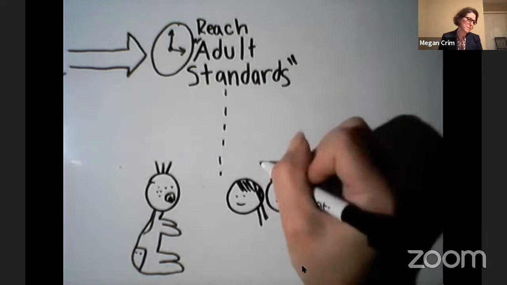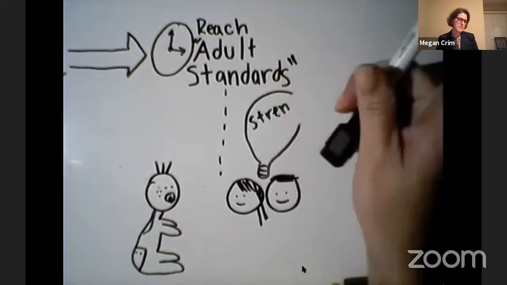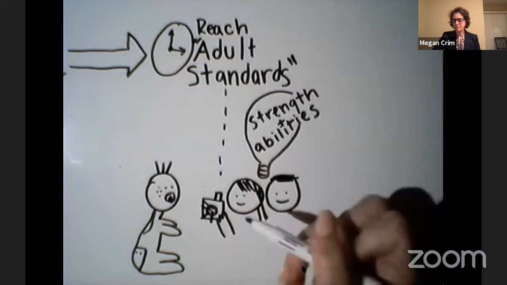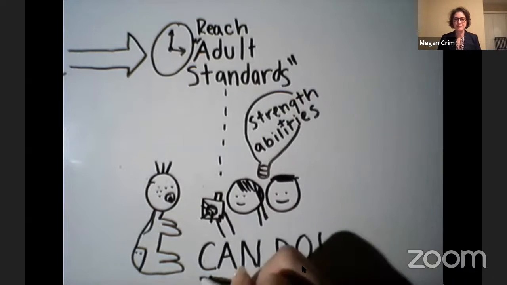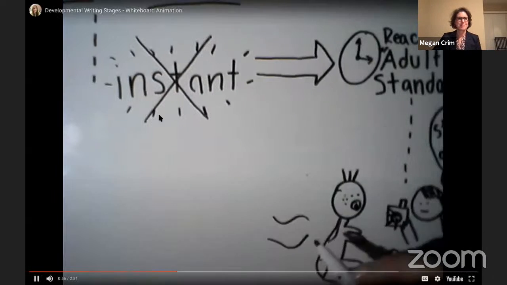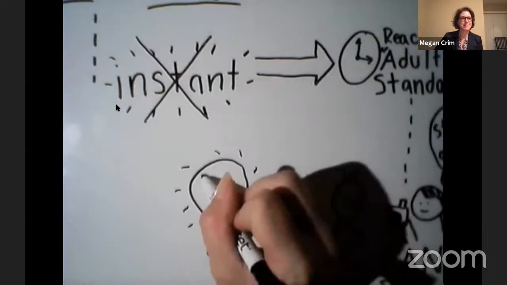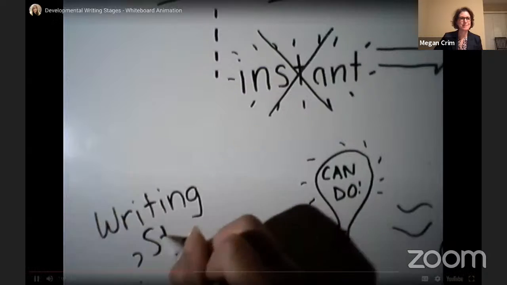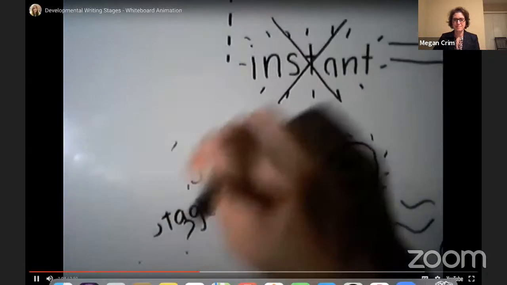Parents understand that their baby is physically developing his or her strengths and abilities. They celebrate what their baby can do at each stage of development. In the same way, we as adults must gain knowledge of a child's writing development so we can celebrate what they can do. So what are the stages of writing development?